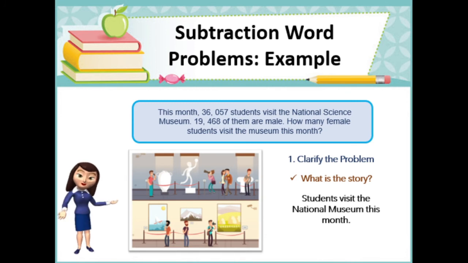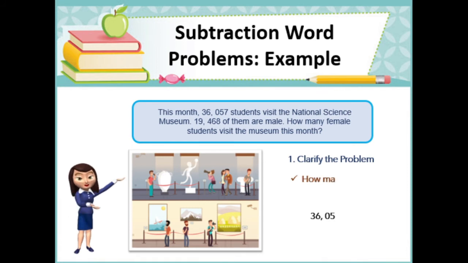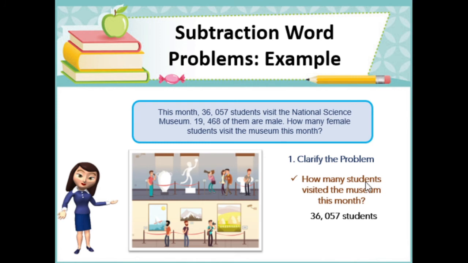In clarifying the problem, you should also ask how many students visited the museum this month. As shown in the problem, it's 36,057. So you would also take note of it. 36,057 students. That's the second one.